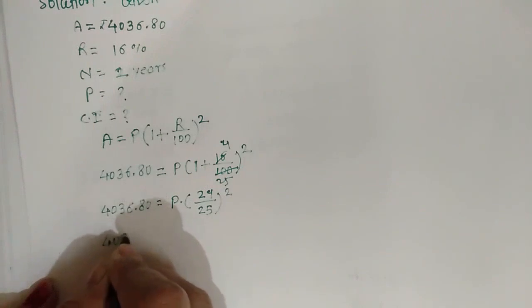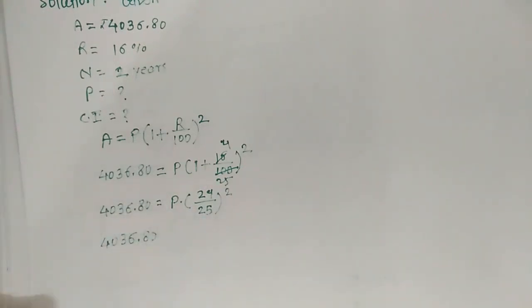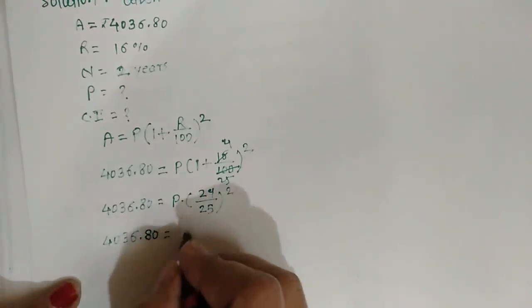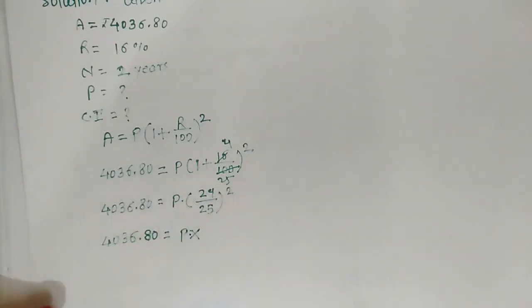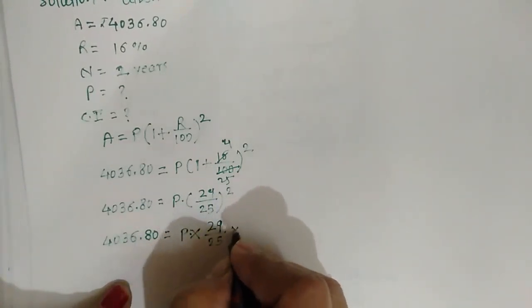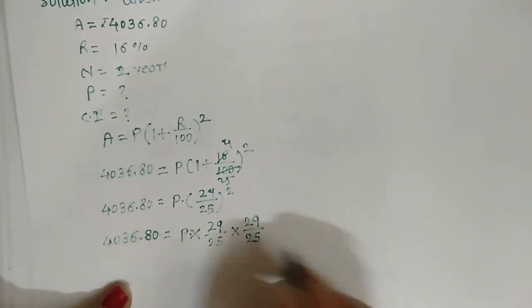So 4,036.80 as it is, equal to P into 29 upon 25 multiply by 29 upon 25.